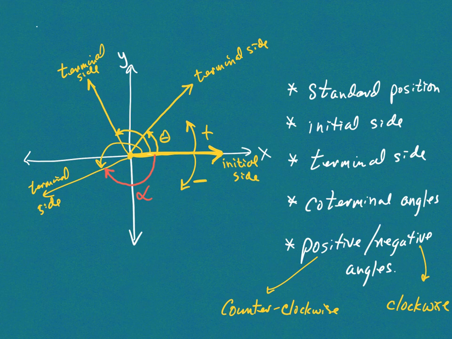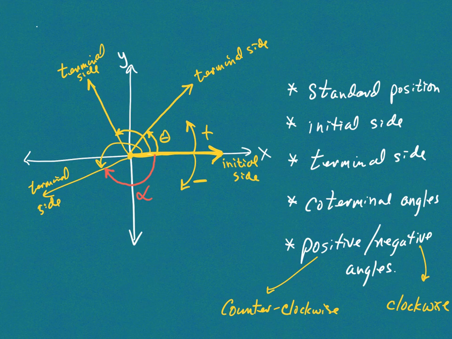If we stop in the same spot, we say that the yellow and the red would be coterminal angles, because we stopped the terminal side in the same position.